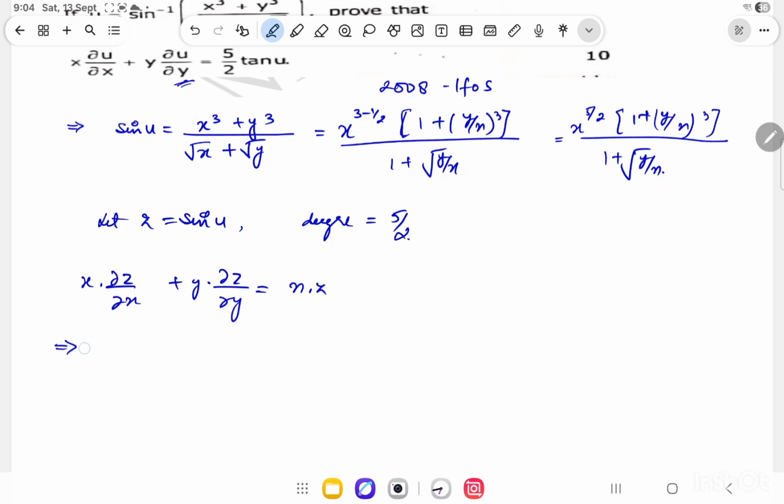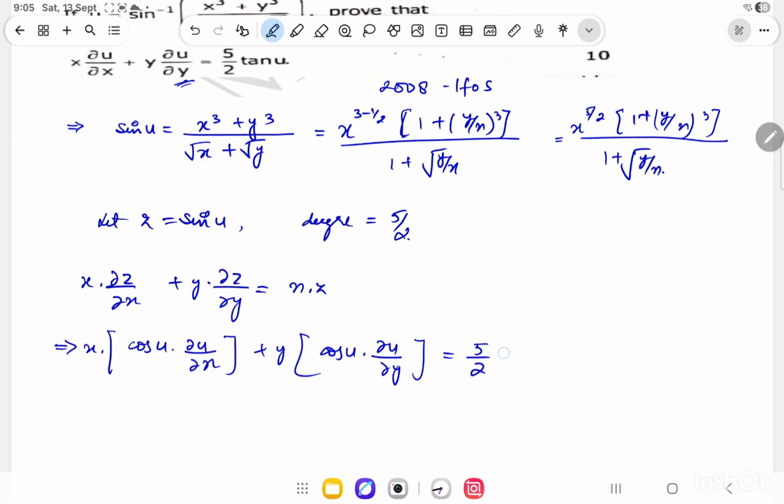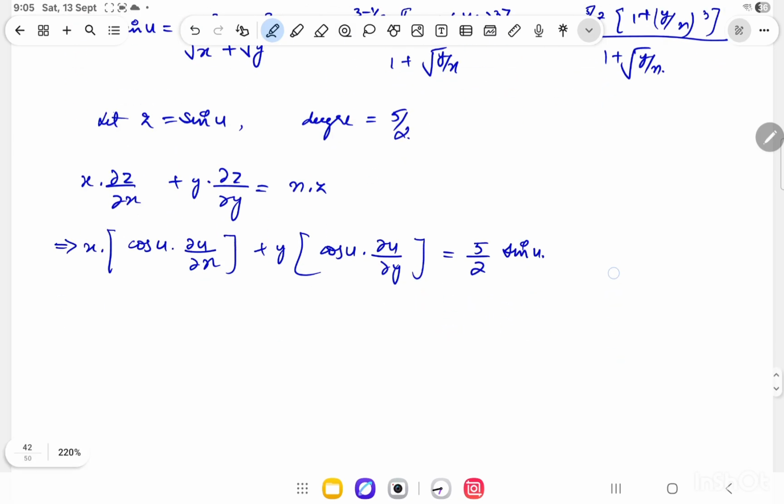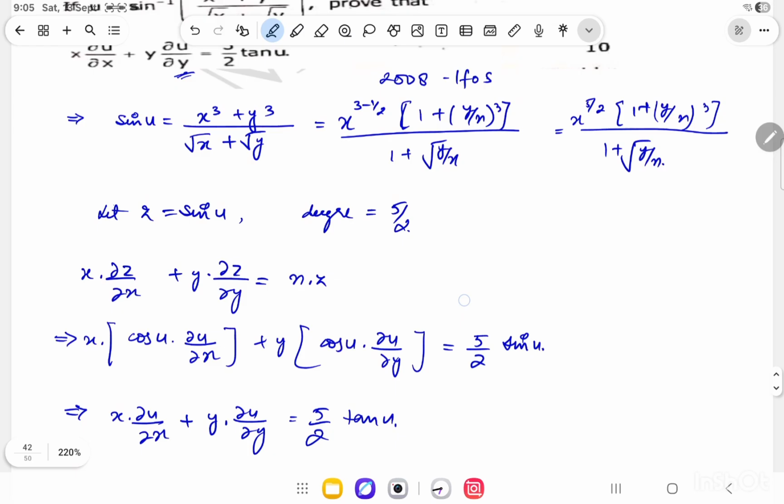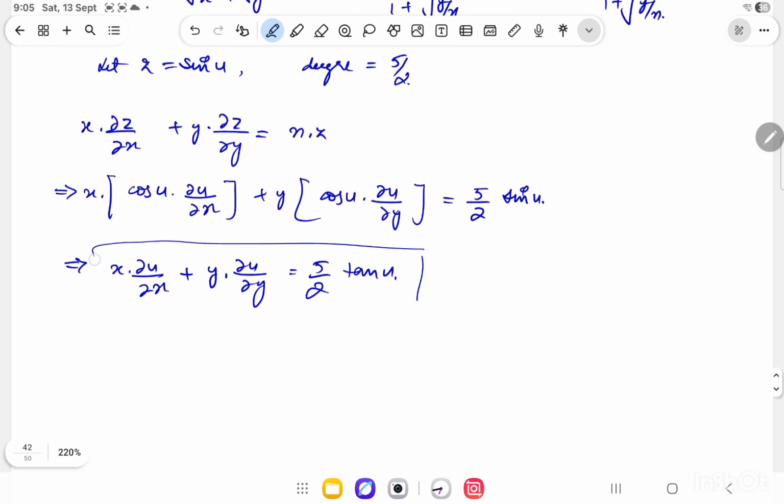So from here, x into del z by del x will be basically cos u into del u by del x, plus cos u into del u by del y is equal to 5 by 2 into sin u, plus y into del u by del y is equal to 5 by 2 tan u. So this is what we were supposed to prove.